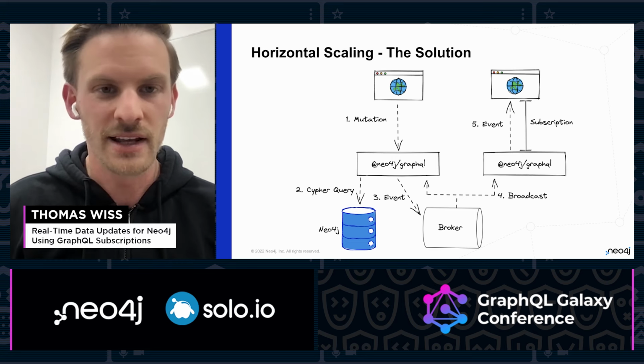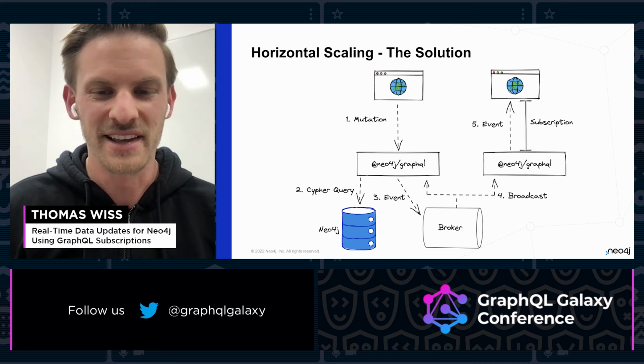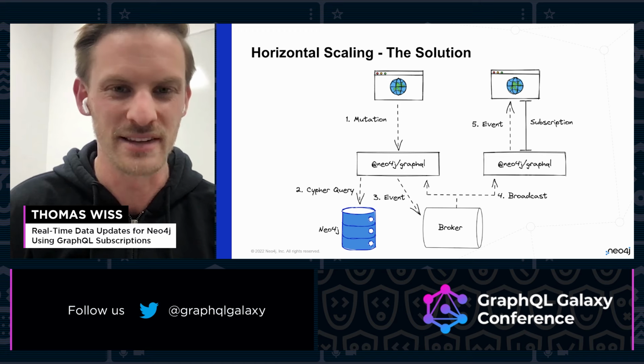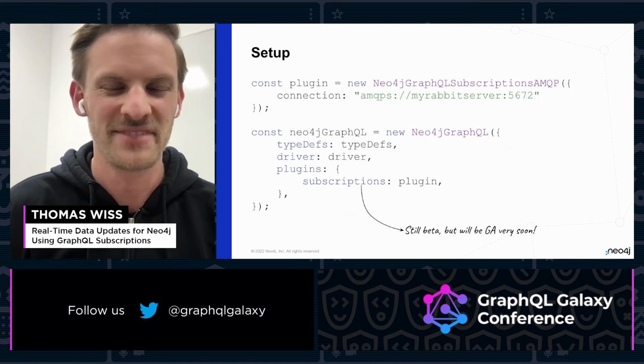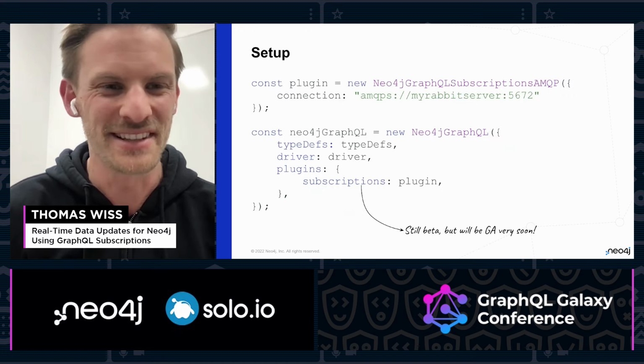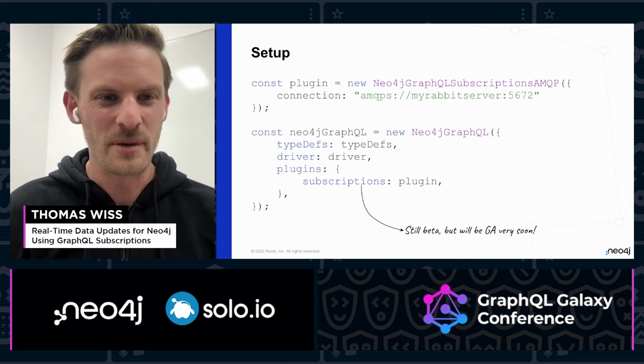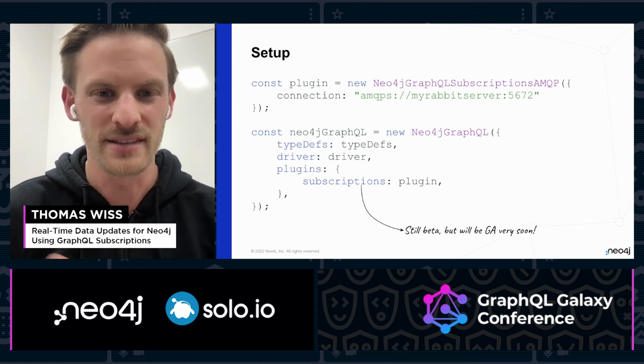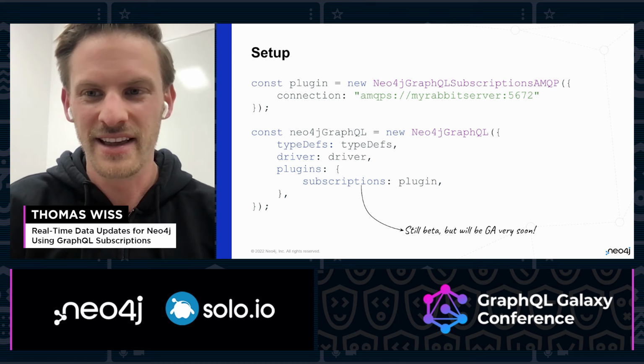So scaling solved, right? And now you may say, well, Thomas, cool, that's a nice promise, but this must be very hard to implement and set up and all of that. Actually not. It's super easy. Look at that. Remember the plugin system from before? Well, we already built a plugin for you that handles just that case.